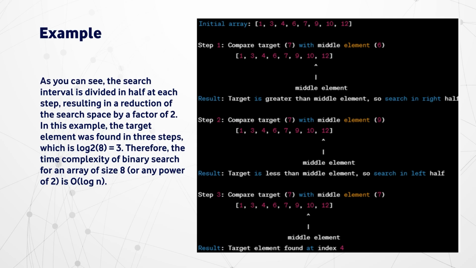But if you check here, the complexity is reduced, because log 2 of 8 is 3. If you're going linearly one by one, it will take a lot of time, depending upon the number of elements. But if you go with binary search, you reduce that time to a power of 2, because you are dividing the list by half.